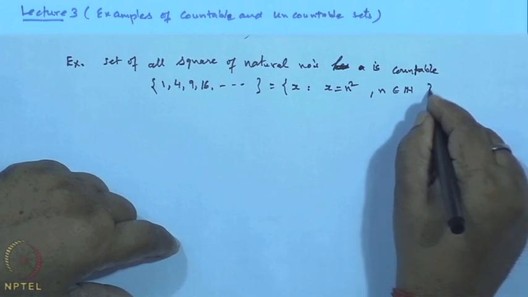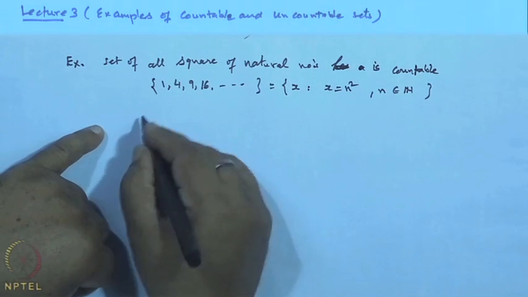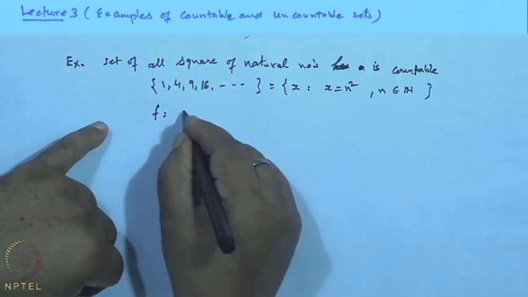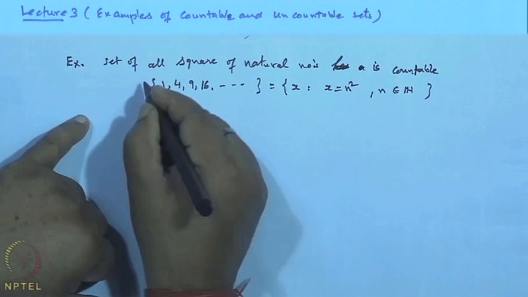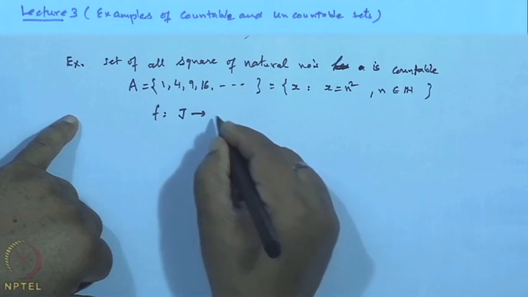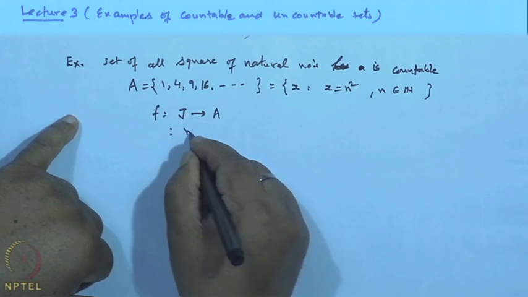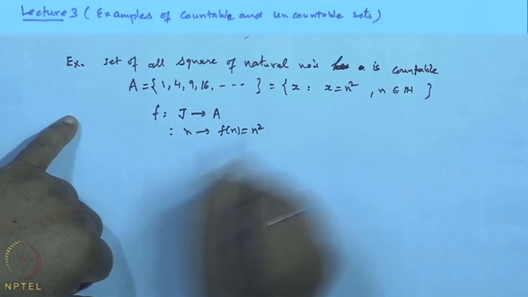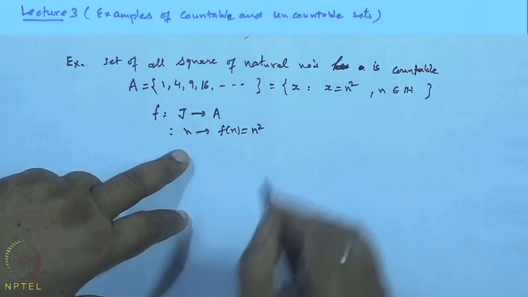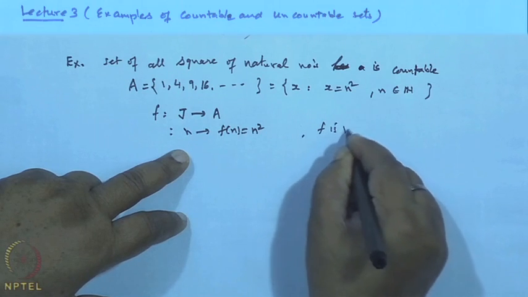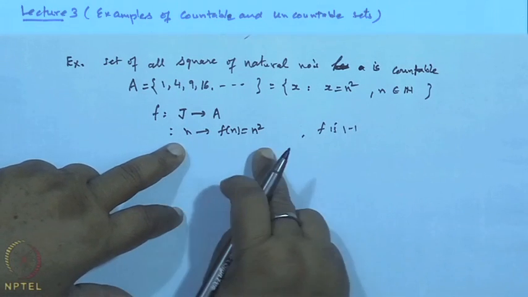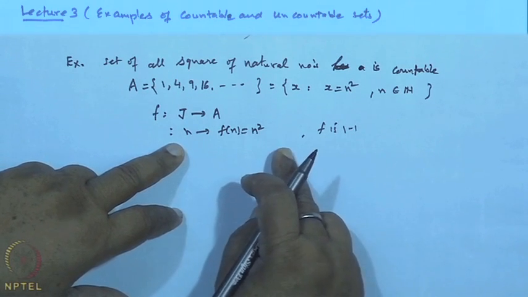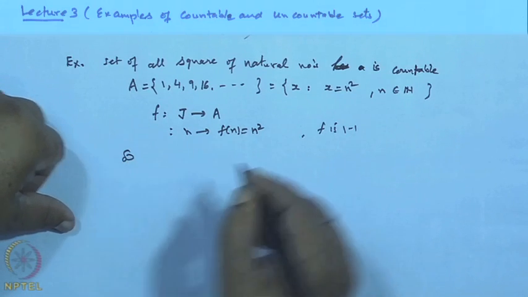Okay. So, this set has a one-to-one correspondence if we define a mapping f from J to this set, say capital A, which maps n to n square, that is f of n is n square. Then it is easy to show that f is 1-1. Why 1-1?